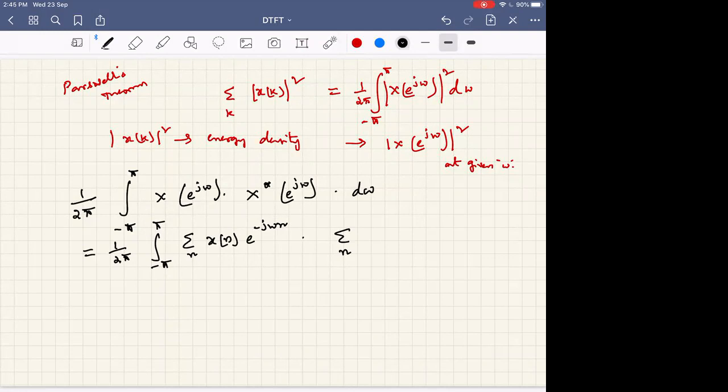This summation is only on this, not on the other one. Do I need to separate them or not? Should I use another variable m?